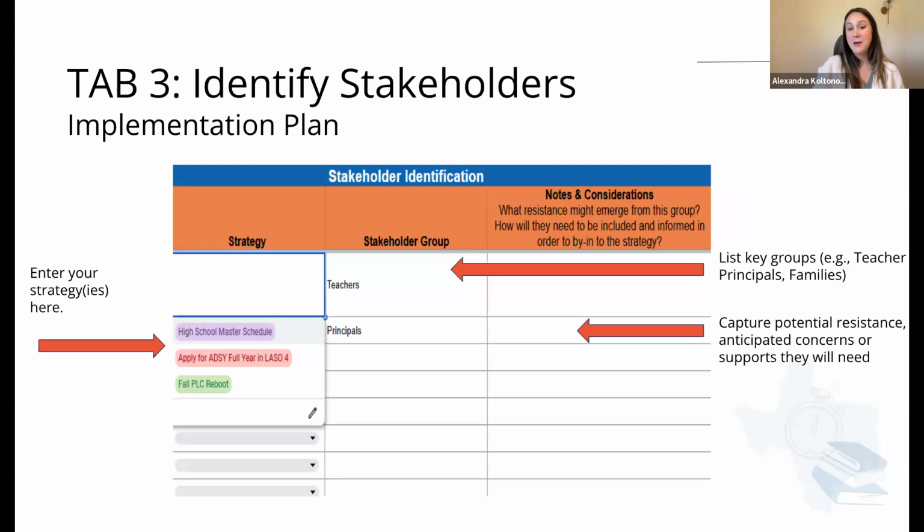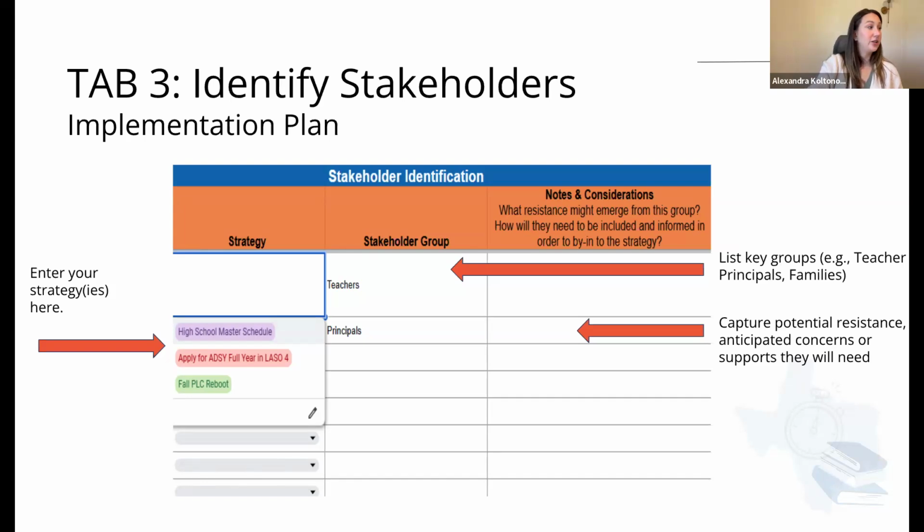All right, the third tab in the implementation plan is the stakeholder plan. This is identifying any stakeholders who should be involved or will have some impact on each of the strategies. It's really important to recognize who influences and who is impacted by this change. It also helps build alignment and support.